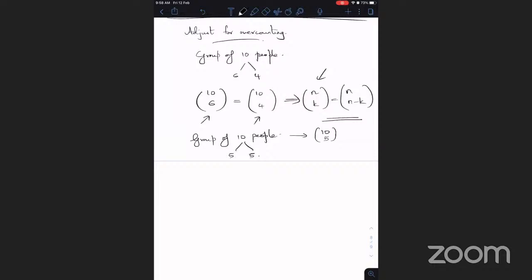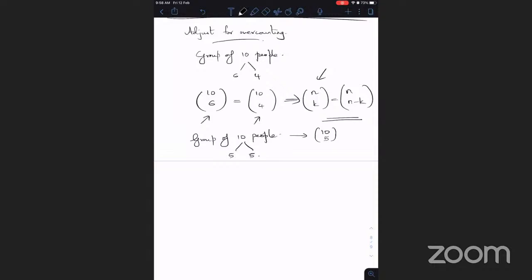Just think intuitively when you're telling the answer. So what happens when you do 10 choose 5? You just pick 5 people and the other 5 people are fixed. That was the idea for the above proof. Why can't we use the same idea? There's a problem with that.